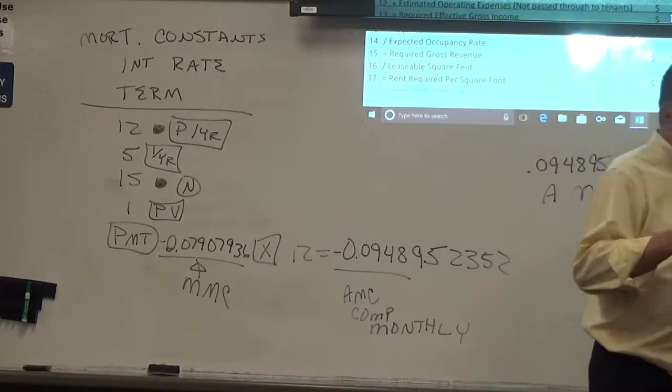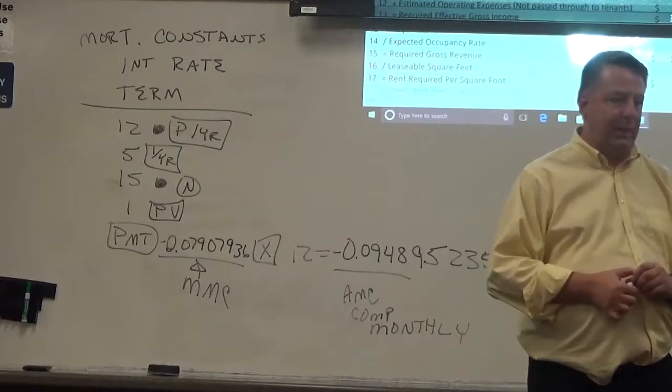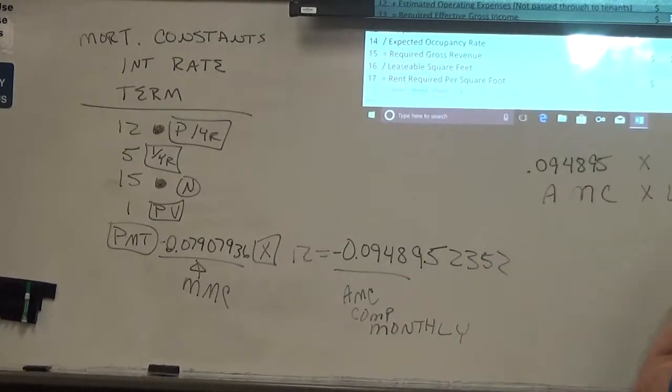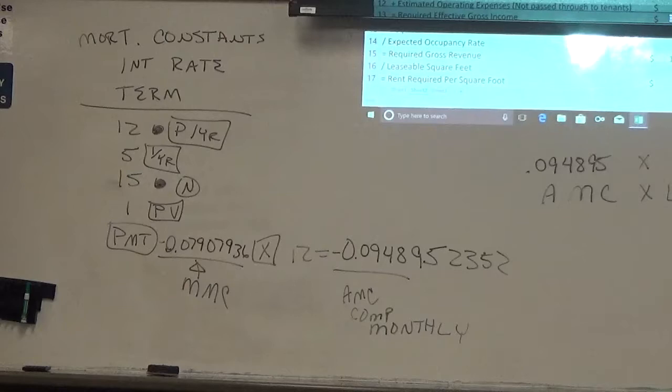Now, why would we care about calculating this annualized mortgage constant if we have a financial calculator and Excel? Any ideas? In one sense, you don't have to, but there is an interesting aspect to it.